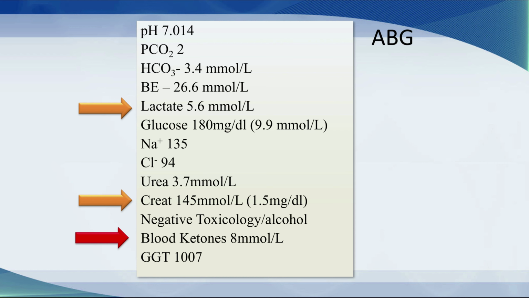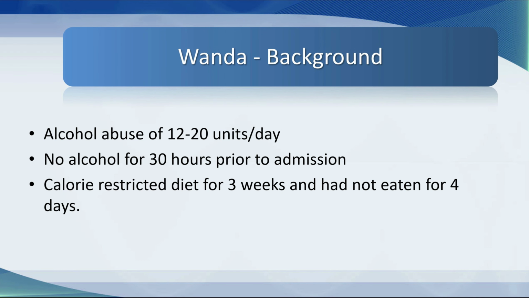Now, this would be very easy to characterize as acute diabetic ketoacidosis, but here is the nub. Wanda is not and never has been a diabetic, and that can be confirmed by checking the HbA1c, which we did, of course, but that came later. Exploring Wanda's background, it turns out that she has been abusing alcohol for some time, 12 to 20 units per day.